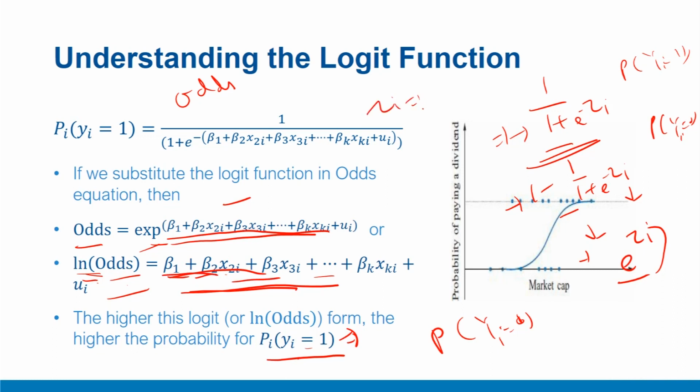So the expression corresponding to zi is nothing but the natural log of odds, and therefore we very intuitively understood that extremely high, positive values of zi would increase the odds in favor of the event of interest, which is y equal to 1, and extremely low and negative values would favor the odds corresponding to probability y equal to 0.